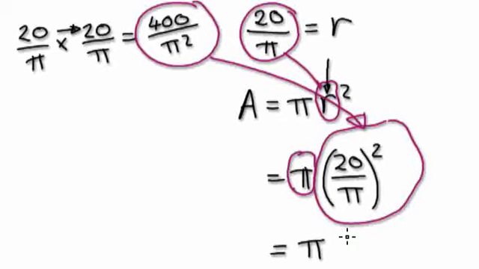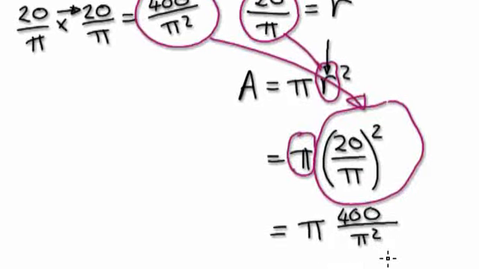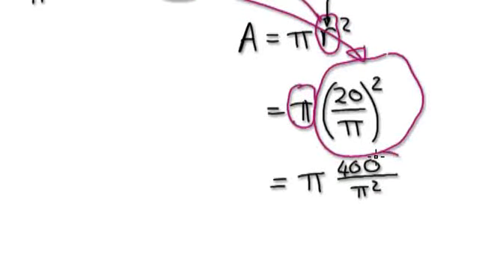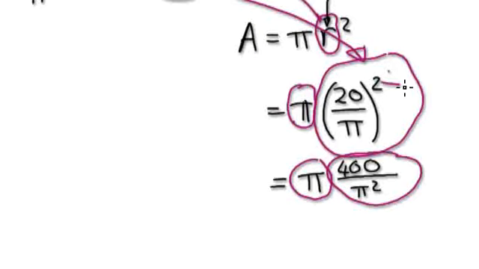Pi, we don't bother putting the times in there. So pi next to a fraction, and then pi squared at the bottom. Okay, because if you look at it, at the moment it's one bubble timesing another bubble. Okay, so remember we used up this 20 already to turn it into this.